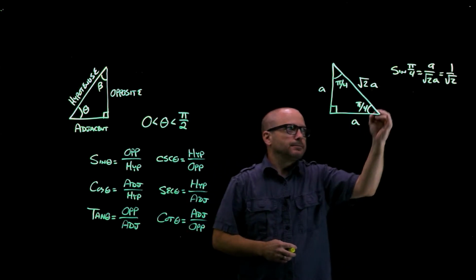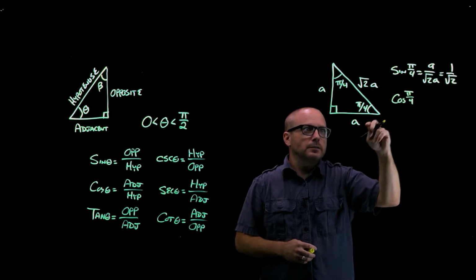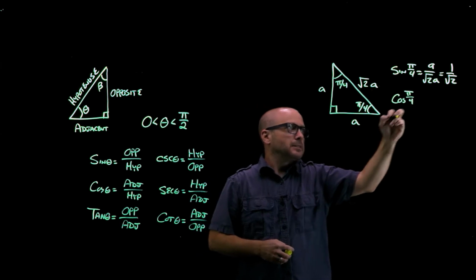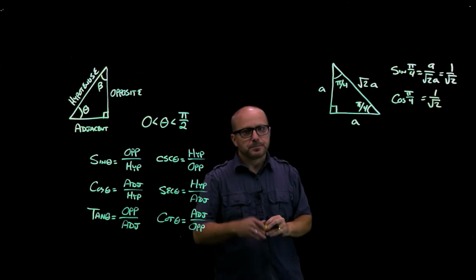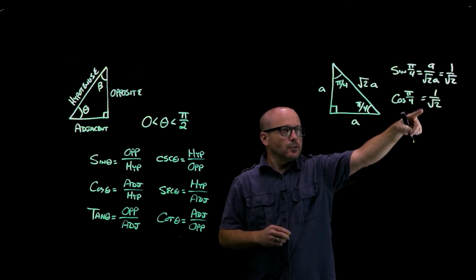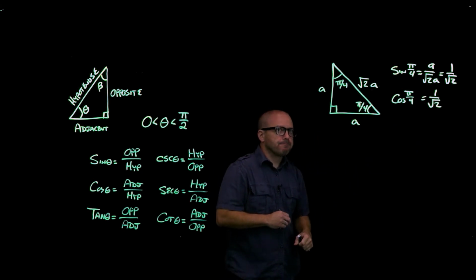What is cosine of pi over 4? Well, cosine's adjacent, but the adjacent and the opposite are the same. So it's also 1 over root 2. Now you'll often see this rationalized as root 2 over 2, but either way, same thing.